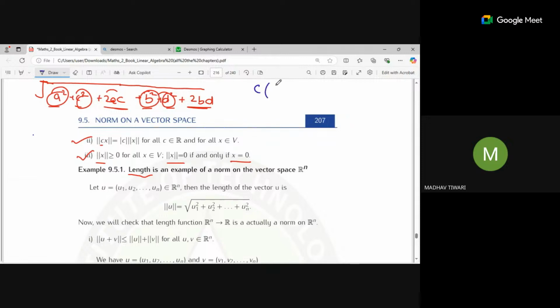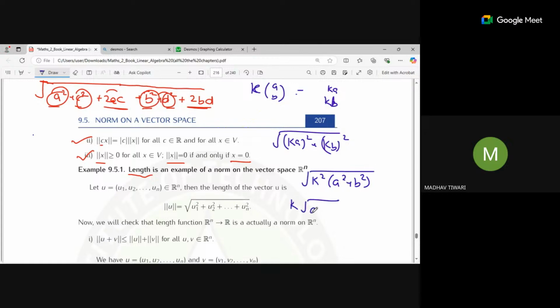So C times of AB, if you find out, let's write K times, so it will be KA, KB. If you find out the length of this, it will be the square root of KA square plus KB square. So it will be the square root of K square, A square plus B square, right? If you write it again, it will be K times the square root of A square plus B square.